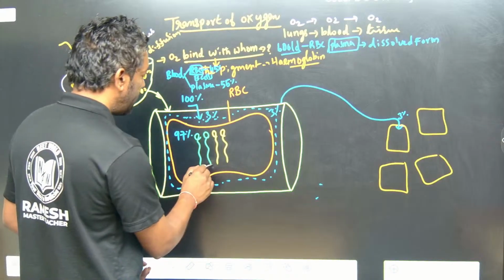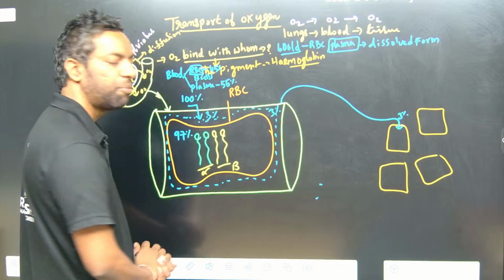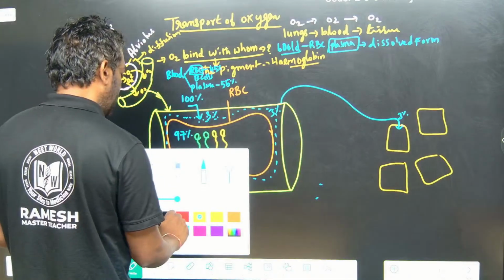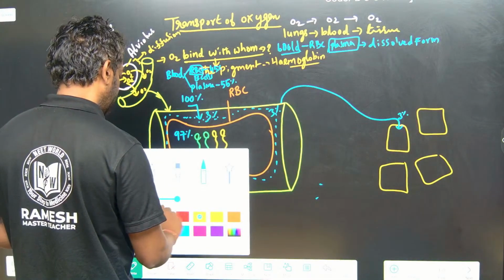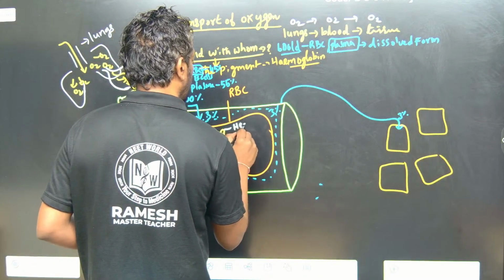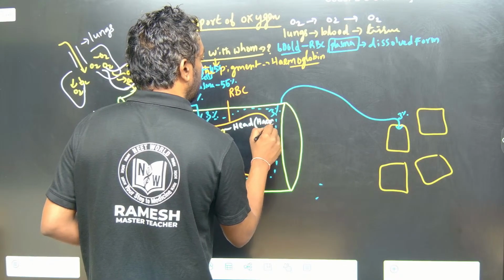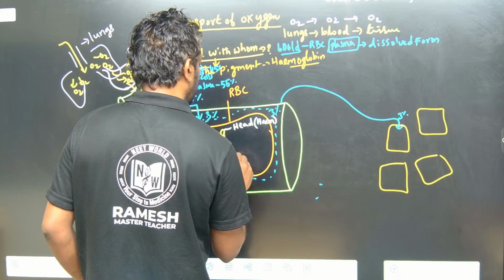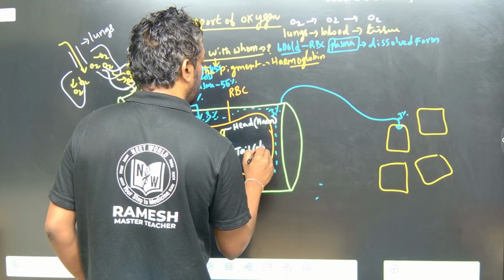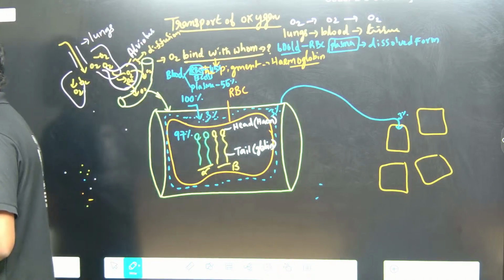Two alpha chains and two beta chains make hemoglobin. Hemoglobin has its own head part and tail part. The head part is heme and the tail part is globin.